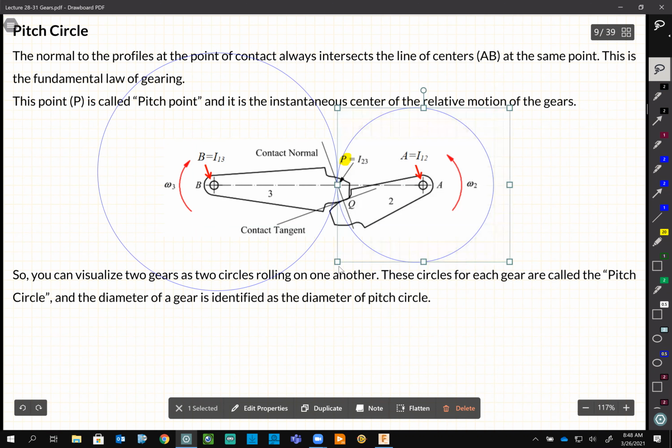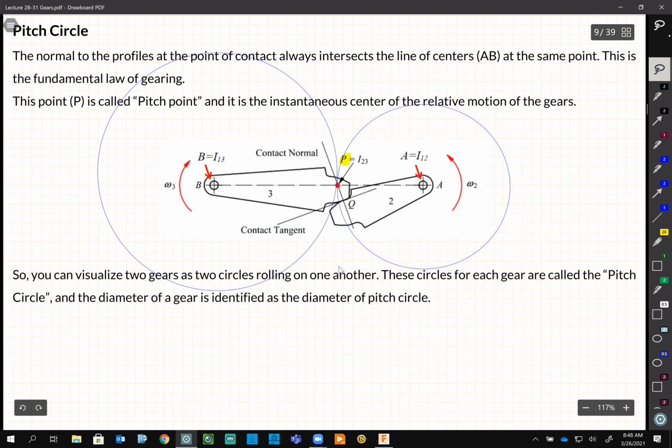Move it a little bit there, bigger circle. And these two circles, as you can see, they are rolling at point P, which is that instantaneous center. We call that point pitch point, and these two circles, we will call them pitch circles.